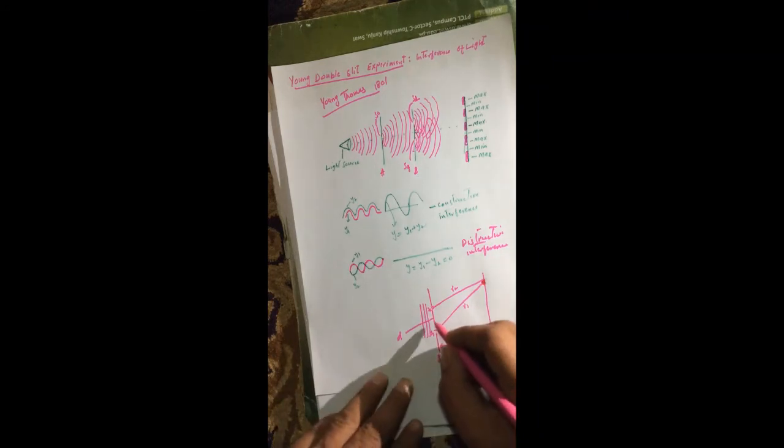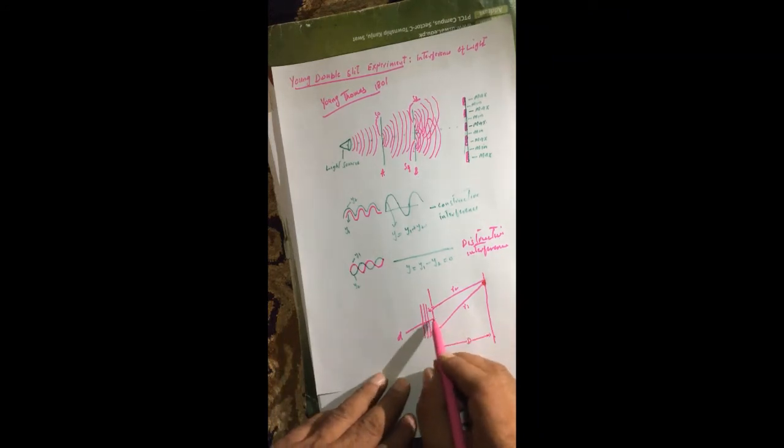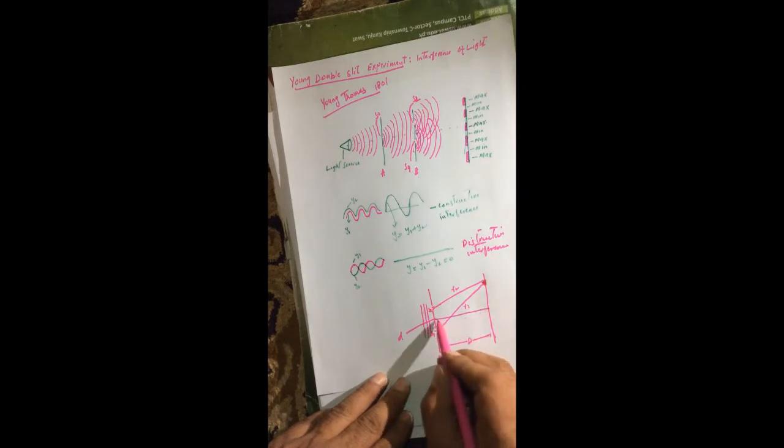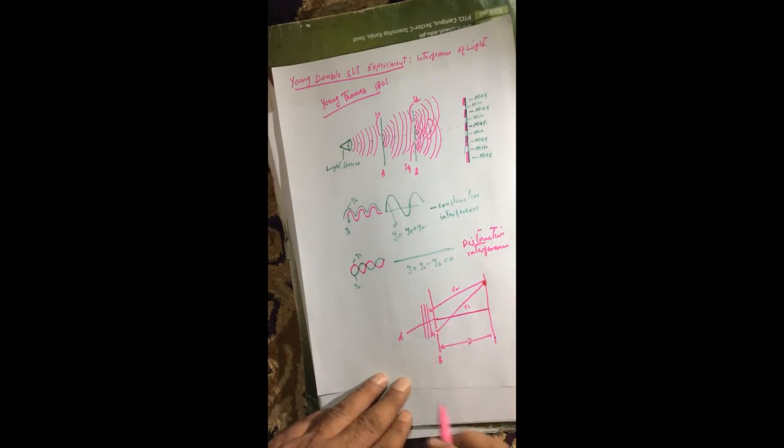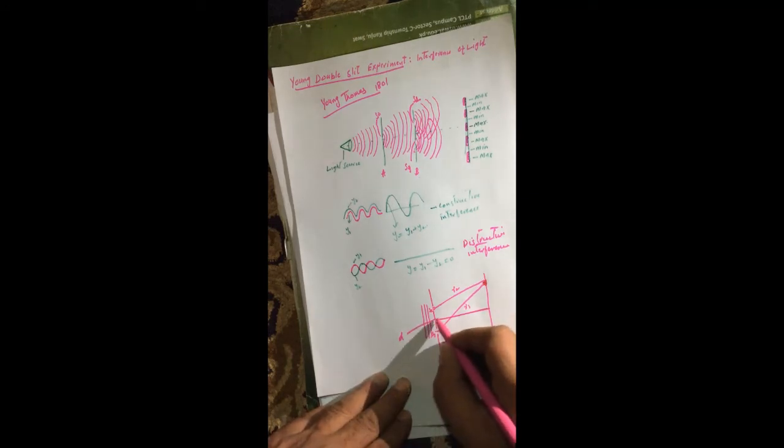Now I consider a reference line. I plot a line from the center of these two slits, S1 and S2, to the screen. This is D. Now I consider a reference line which starts from the center of these slits to point P.